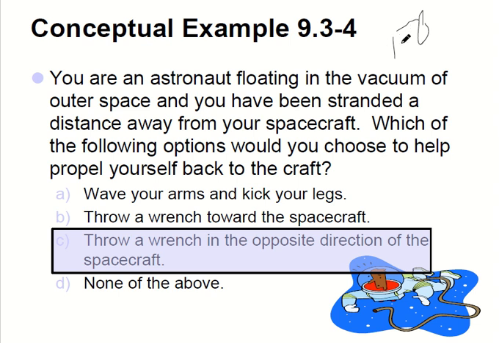That's a really weird thing that you need to understand: you throw the wrench toward the spacecraft, and that is going to cause you to move farther away from it.